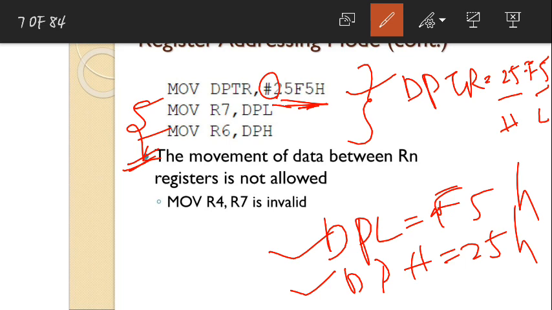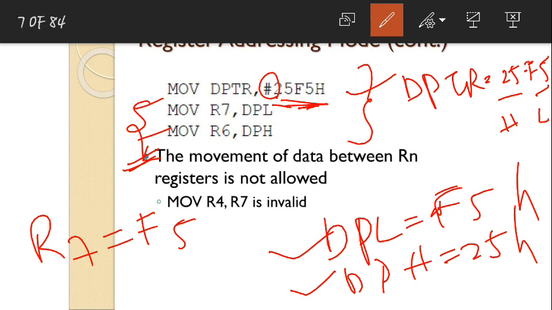By writing move R7 comma DPL, DPL is the source, R7 is the destination, and the operation is move. Whatever is in DPL will move into R7. What is in DPL? F5. So now R7 is equal to F5.